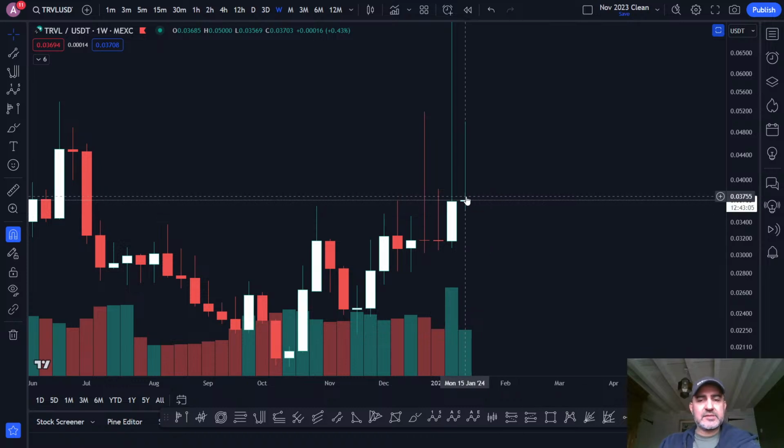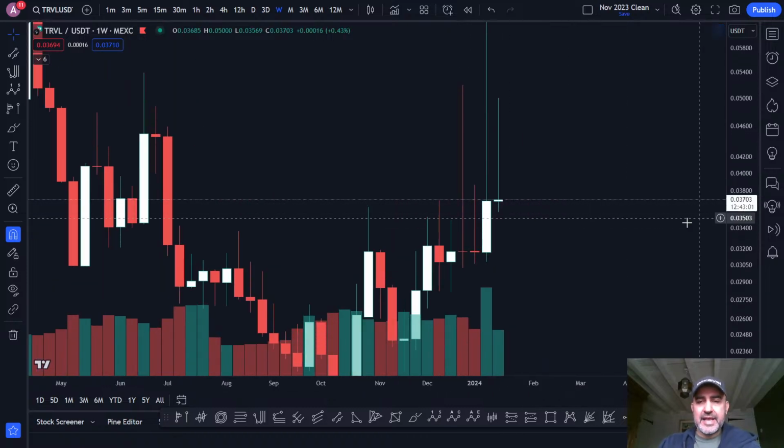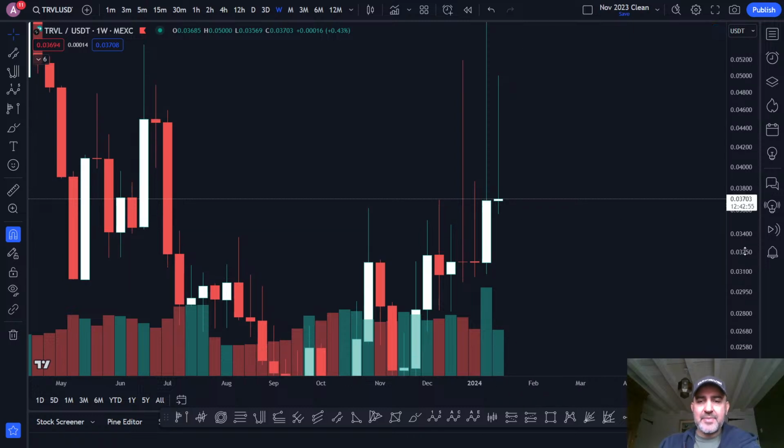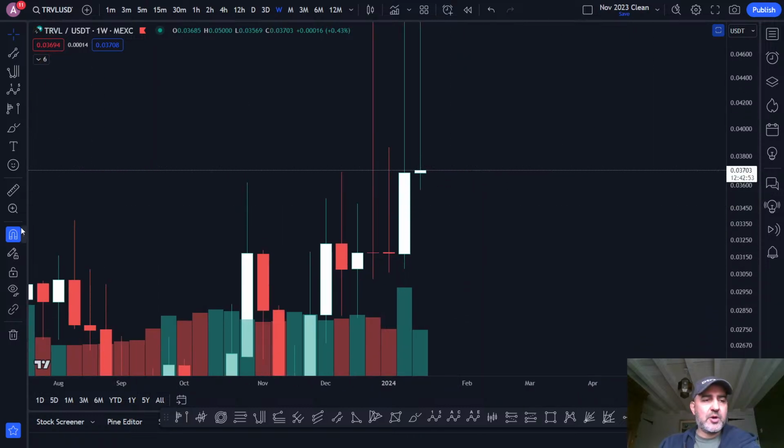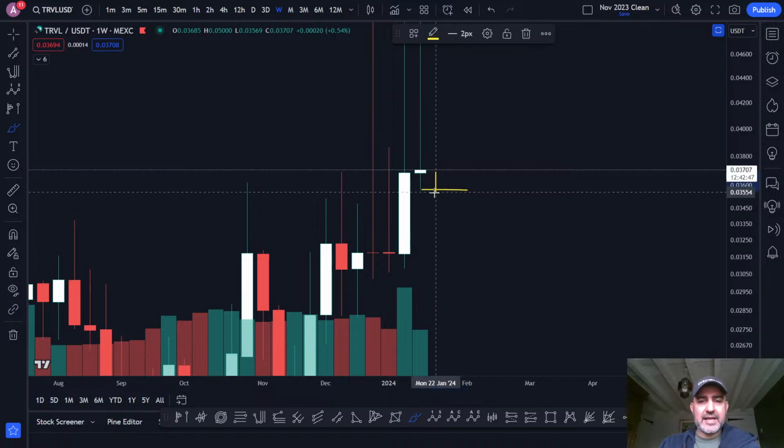I think next week is going to be really important, because if next week ends up as a red candle, and the red candle closes lower than this week, lower than that wick, that's not looking good.